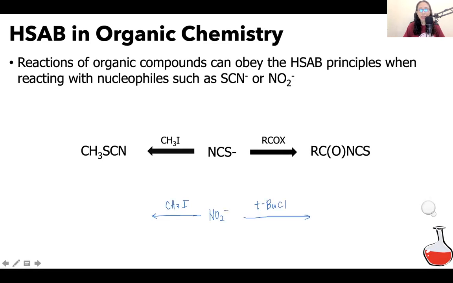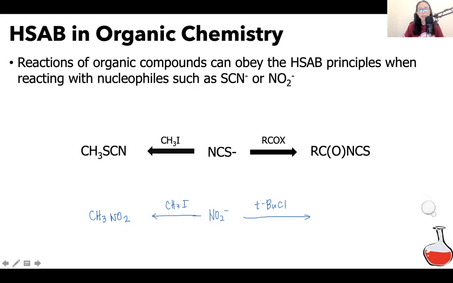So this time it will be nitrogen reacting with the methyl, because the other option is oxygen. But oxygen is harder in electronic character than nitrogen because it's more electronegative, right? So for methyl iodide, the methyl group being a soft acid, it will form CH3NO2. The nitrogen from the nitrite ion will be the one attacking.